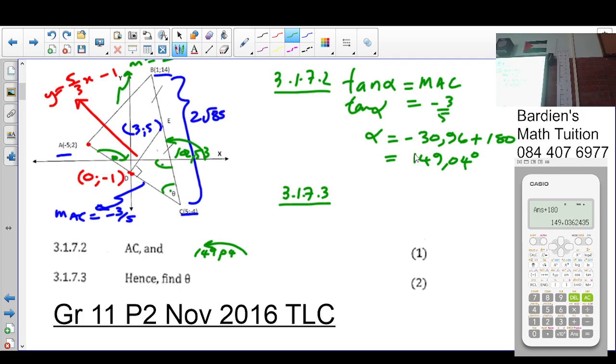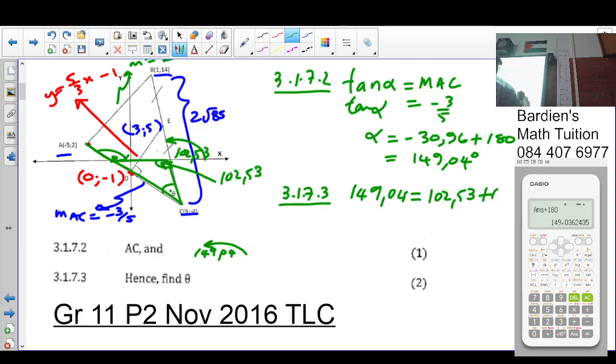So there is a triangle there. Not so? That's a triangle, no? So firstly, this angle here is also 102,53. Why? Vertically opposite. Not so? So we're going to say the exterior angle, which is 149,04, is equal to 102,53 plus theta.